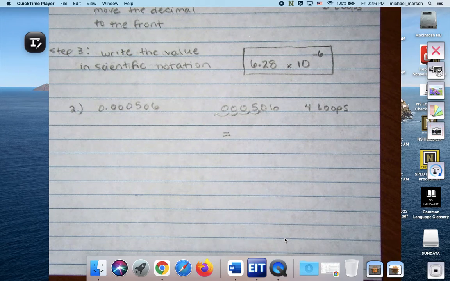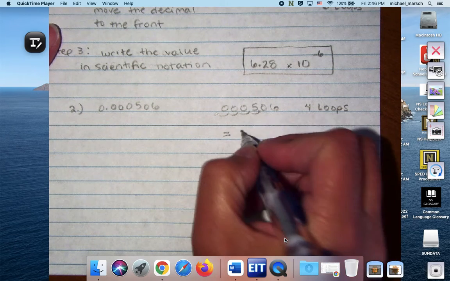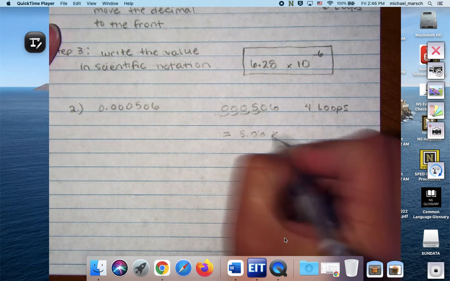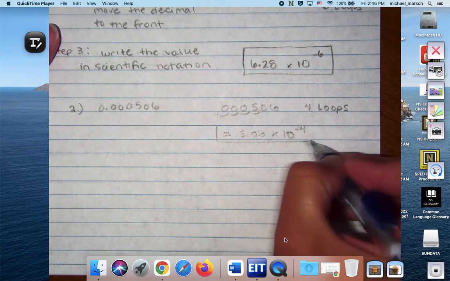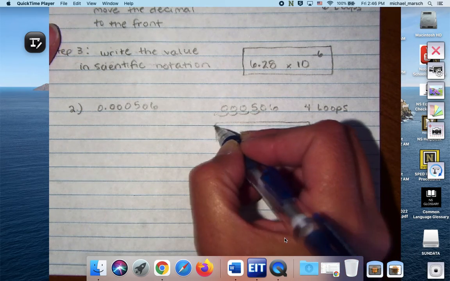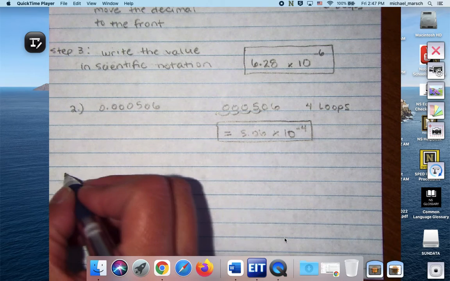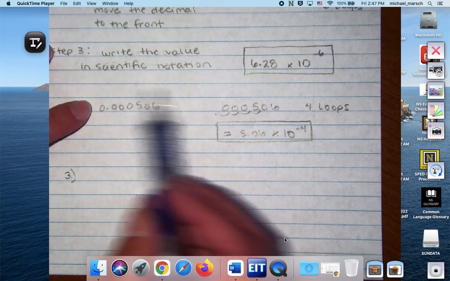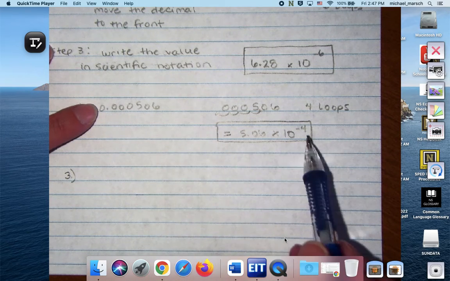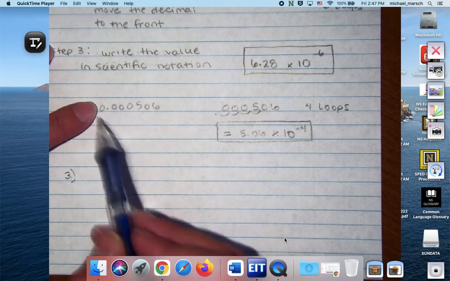And then what will my answer be in scientific notation? What do you think? Danny? It's 5.06 times 10 to the negative 4. So if they're really small numbers, they're always going to be negative? Right, if your standard form has the decimal in it like this, that's going to be a negative because you'd have to go backwards to get it there.